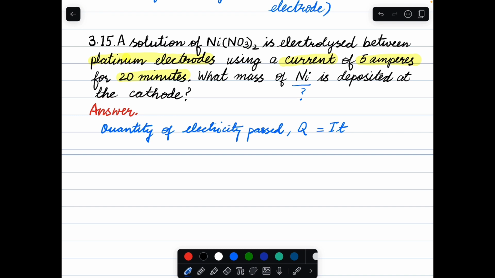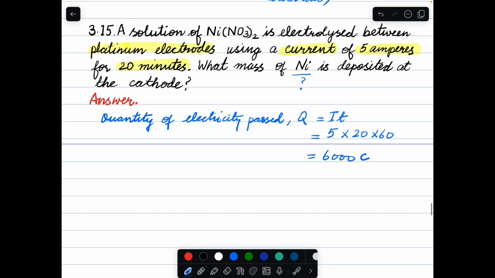So in our case, the quantity of electricity passed will be calculated as current, 5 ampere, and time taken is 20 minutes. So it will be 20 multiplied by 60, because we will be writing the value of time in seconds. So we will be getting 6,000 coulombs of charge or quantity of electricity which is passed.